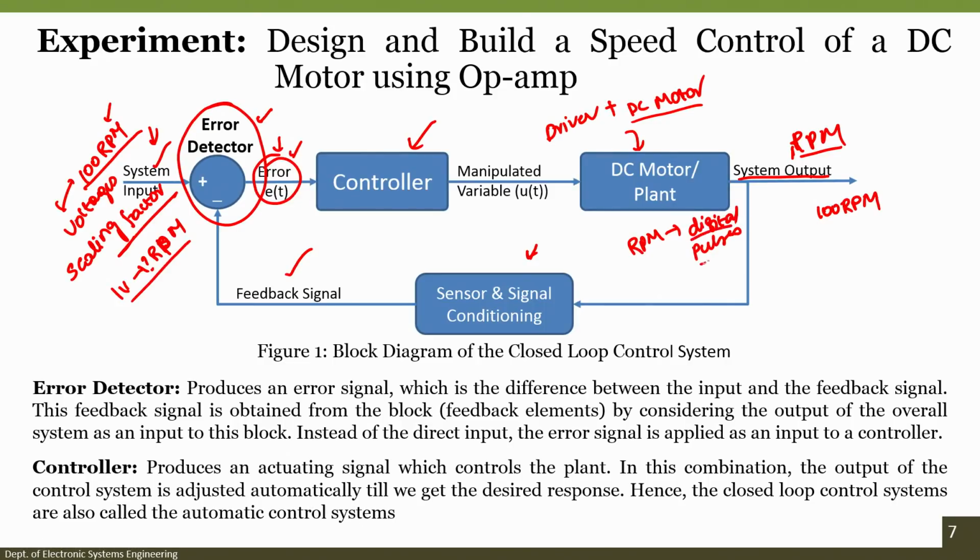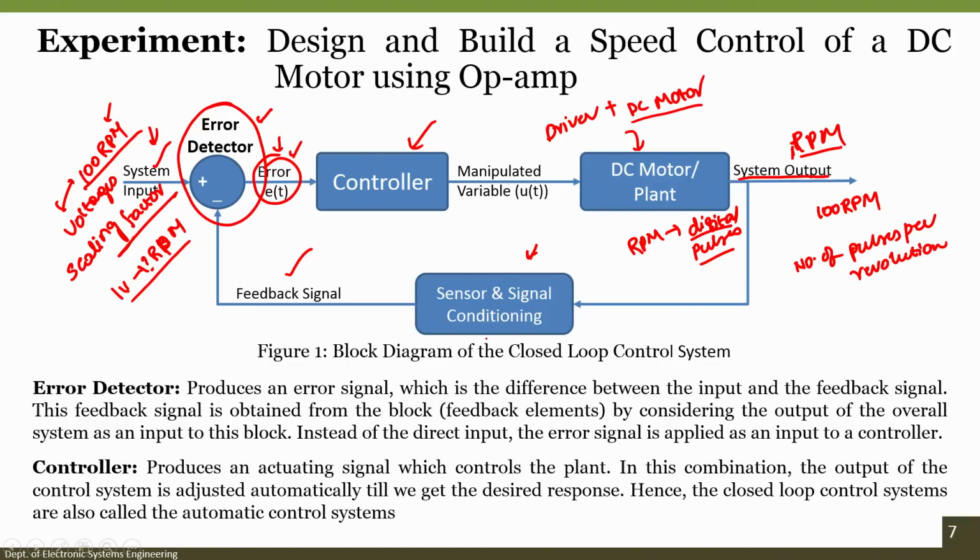But these digital pulses depend upon the rate at which the motor is rotating and how many pulses we get per revolution. So, one important thing we have to understand about the encoder is how many pulses the encoder gives per revolution. That is very important.